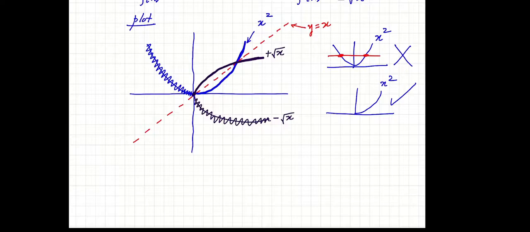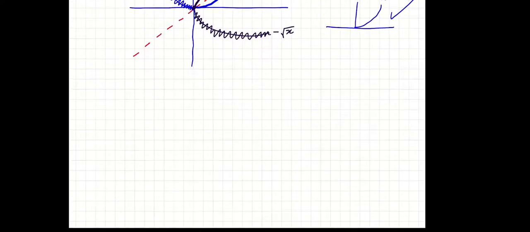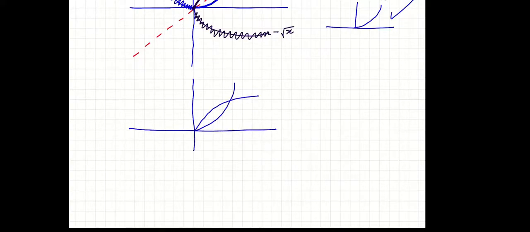So now those two functions are inverse to each other, right? Once you find the inverse function, you have to filter out the right function so that they are 1-to-1. So this is x squared, this is square root of x.